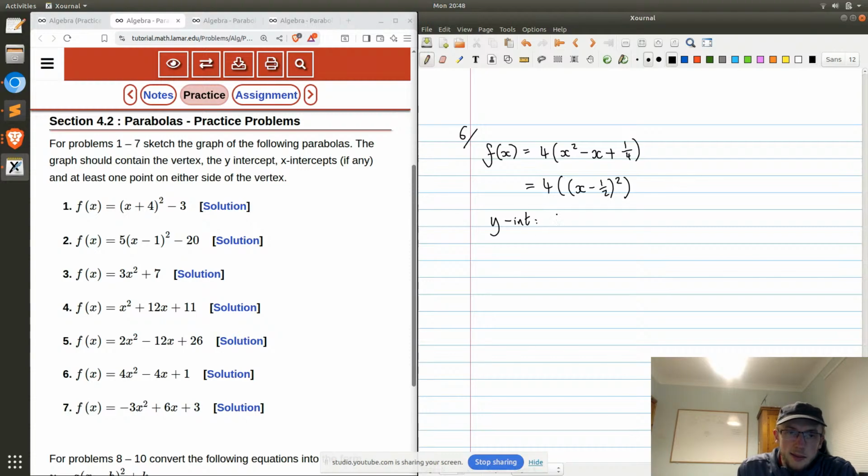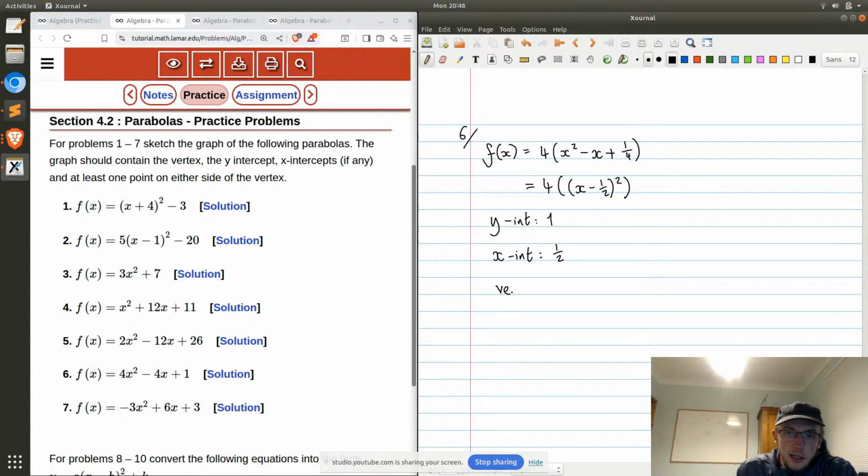Now, what's the y-intercept? Well, that should just be 1. What are the x-intercepts, if any? Set it equal to 0. Square root, move that over. We get half. A half.